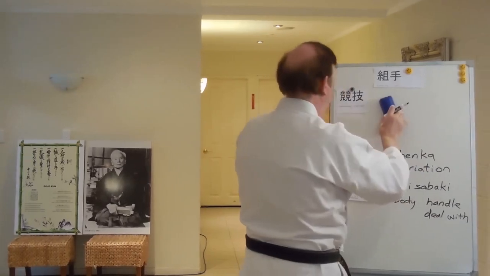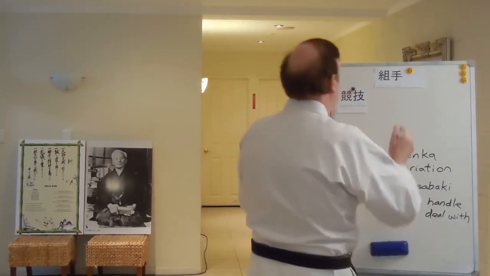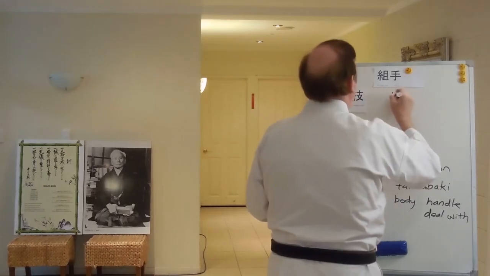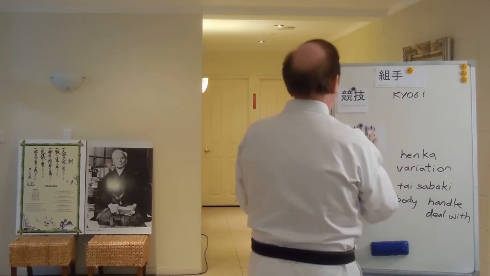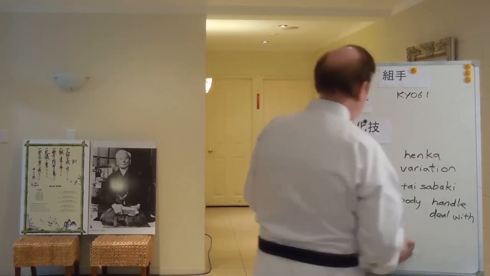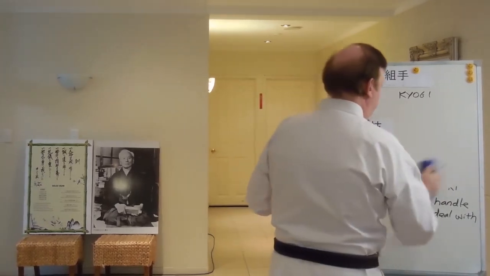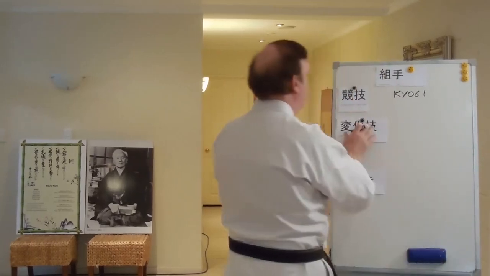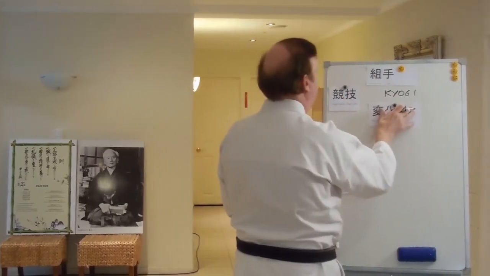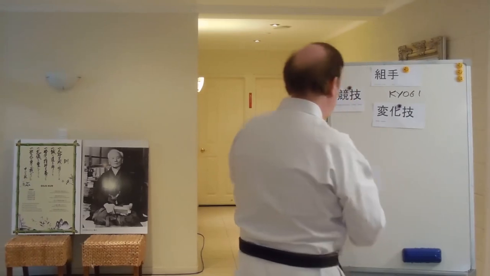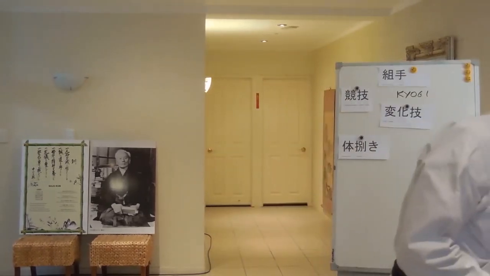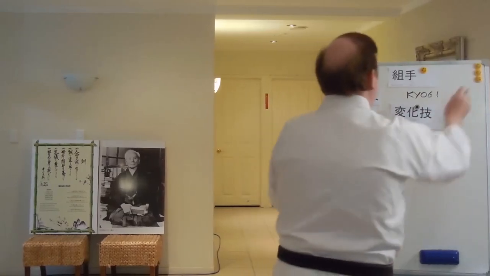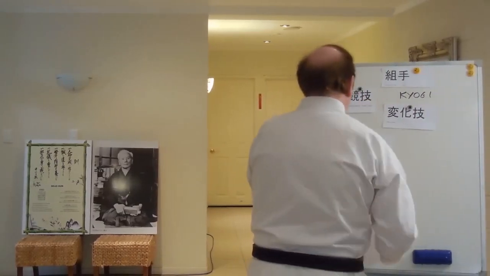Now, just leave that one up there for a moment. So the first part of Kyogi could be called henka. Okay? So this is the variations. This is a general title under Kyogi of the different things. First movement may be tai sabaki. Second, we can have ma'ai.